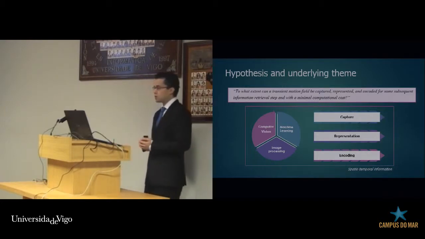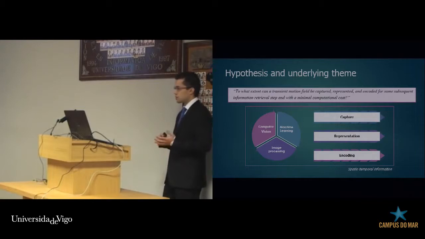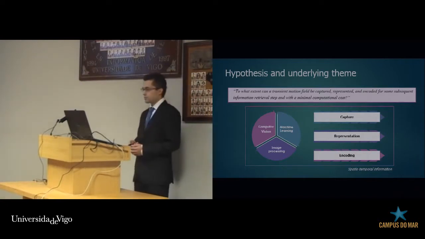For that, we need to touch different fields. It's computer vision, because we need pattern recognition in different things, machine learning, because we need to do classification, and of course, image processing.